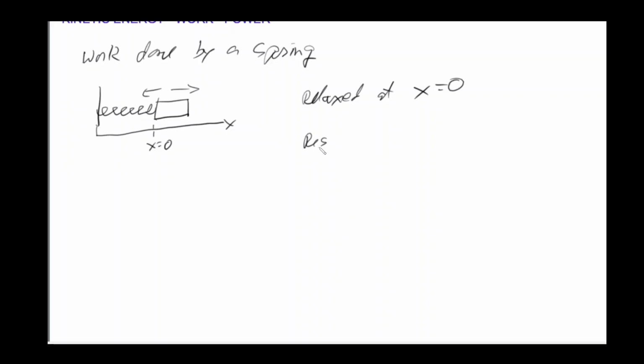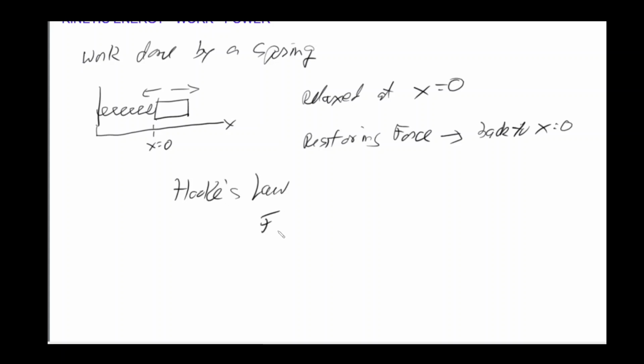So the spring has a restoring force that tries to move it back to x equals 0. And again, that's in the opposite direction of the initial force. This restoring force is given by Hooke's law, and that states that the restoring force of a spring is minus k times the displacement, where k is equal to the spring constant.